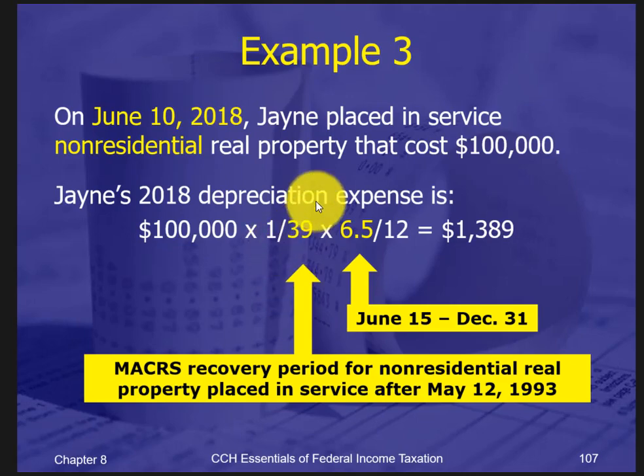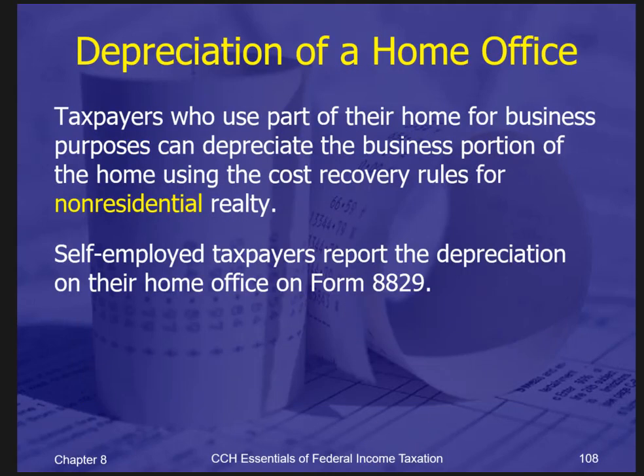And non-residential real property bought this year, 39 years, but because it's bought in June, it is treated as if it happened on June 15th. So that half month seems to be the biggest slip up with students when it comes to calculating depreciation on real estate.